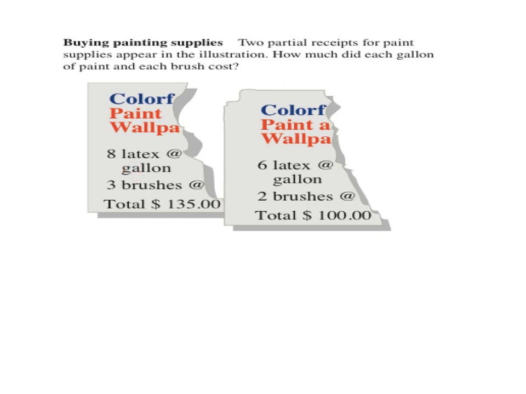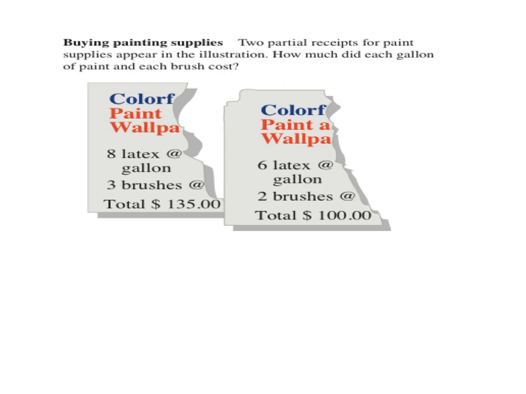So you can see that the missing piece is what these cost, and we're going to figure that out because we have these two scenarios here that give us a system of equations. So in this one deal, you have 8 latex gallons of paint and 3 brushes cost $135. And the other one's 6 latex gallons of paint and 2 brushes cost $100.